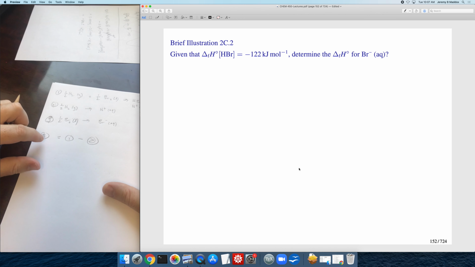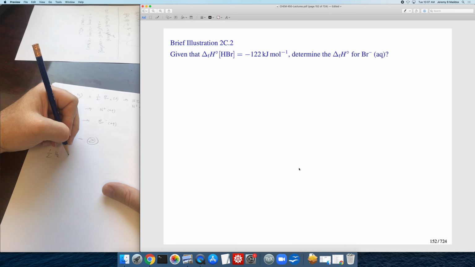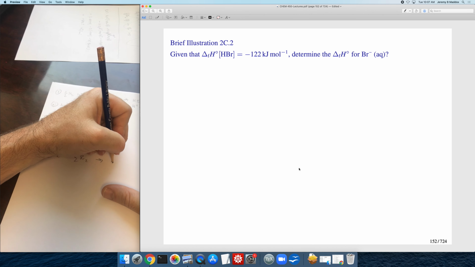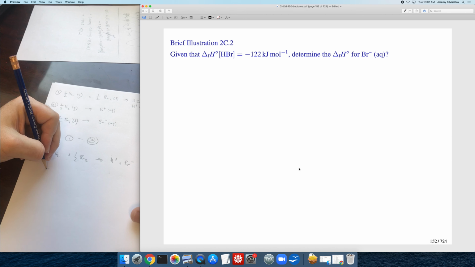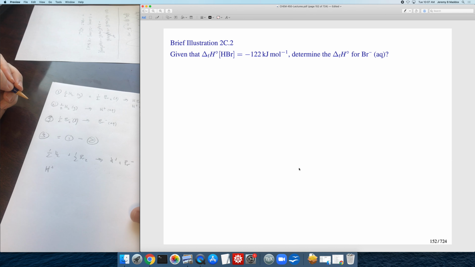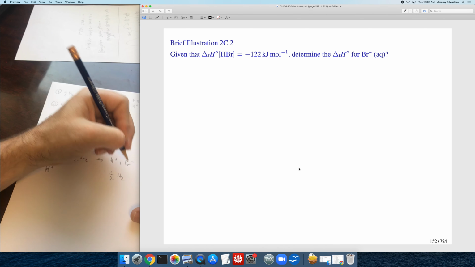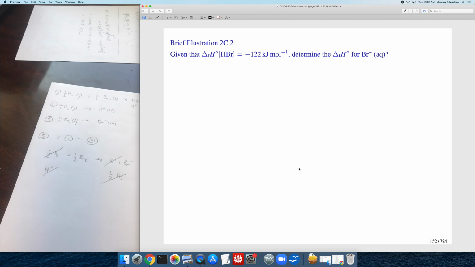And so if you carry that out explicitly, if we just take 1/2 H2 plus 1/2 Br2, and then subtract reaction 2, we're going to have the H plus on this side, and then the 1/2 H2 on the other side. That's going to give us the reaction that we want.